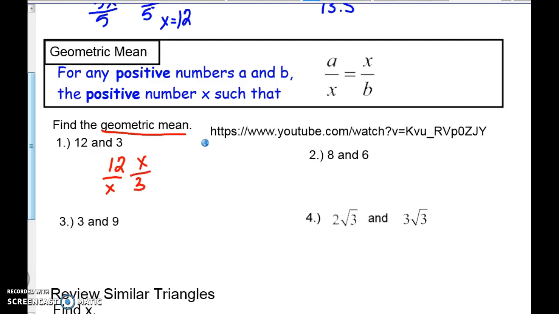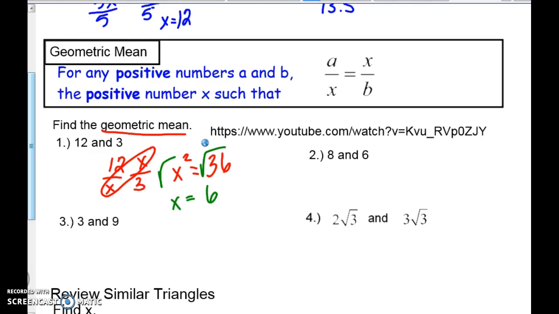The main part is that when you cross multiply, you want to get x squared. And what's 12 times 3? 36. And then from there, take the square root. What's the square root of 36? 6.